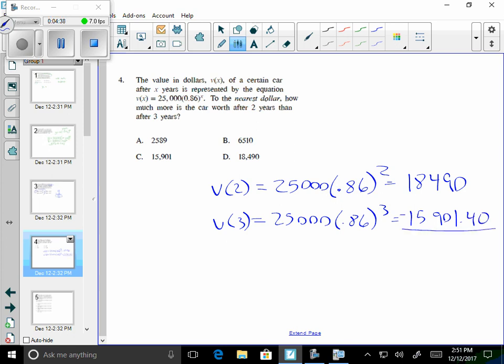To find how much more the car is worth, we're going to subtract. We get $2,588.60, which rounds to 2,589. So anytime you're trying to figure out between 2 years, you're going to find the value at each of those years and then subtract them.